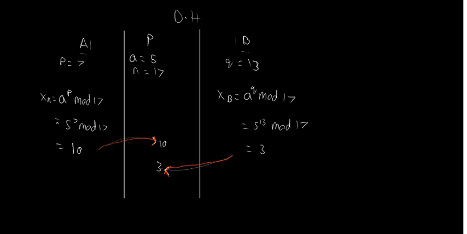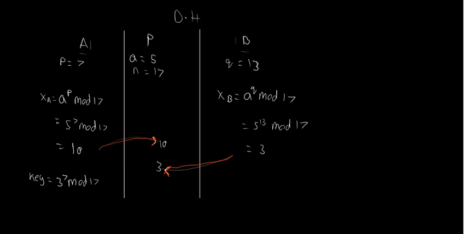Now these are in the public domain. So whoever is listening in, the third person on the conversation, can still get these values. But the advantage of Diffie Hellman is that even with these values, they can't do anything with them. They still can't get to the secret numbers. Then Alice will generate the key, the key being equal to the number that Bob generated to the power her secret number mod 17.